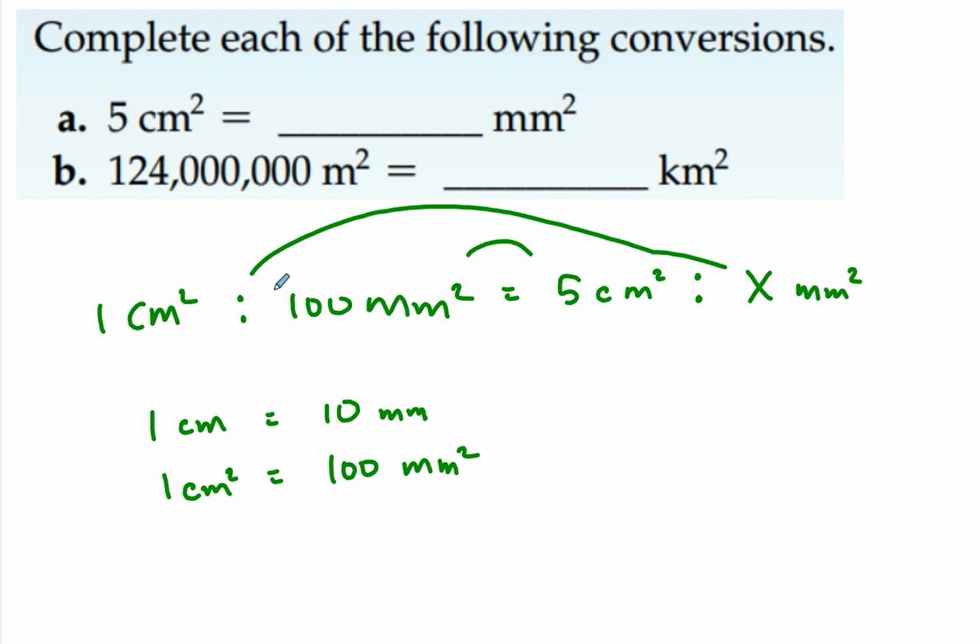So outer 1 times x is 1x, and we have square centimeter and square millimeter is equal to inside 100 times 5, 500, and you have square millimeter and square centimeter. But you have square centimeter on both sides, so you can divide both by square centimeter. So simply x is 500 square millimeter, right?